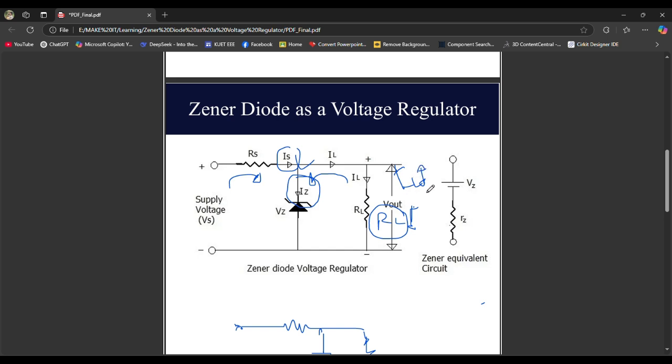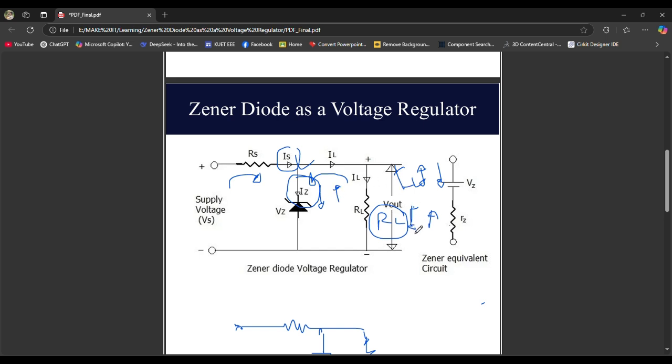If IL is at its higher position, then Iz will be at its lower position also, because these two balance Is, which is always constant. And vice versa, if I increase RL to its higher position, IL will be at its lower position, and then Iz will be at its higher position.